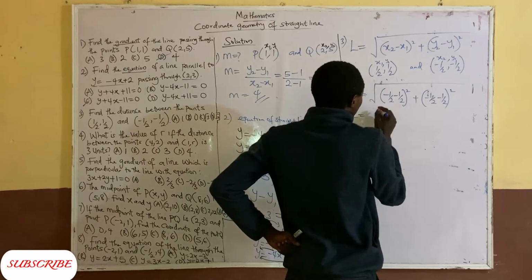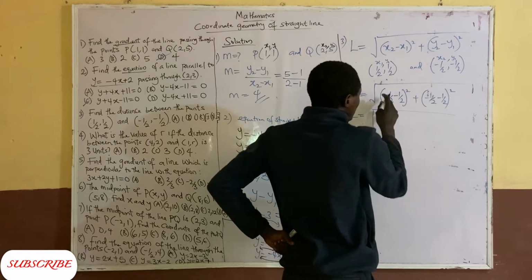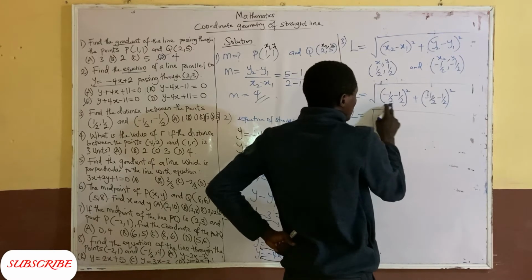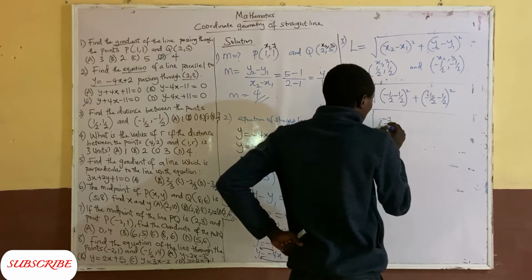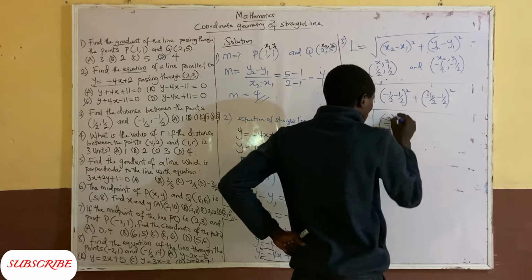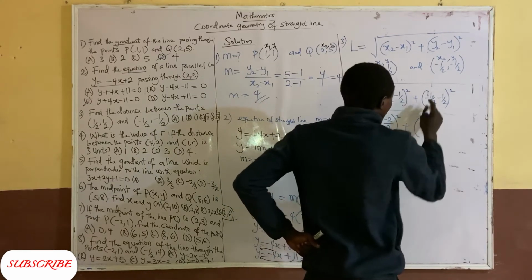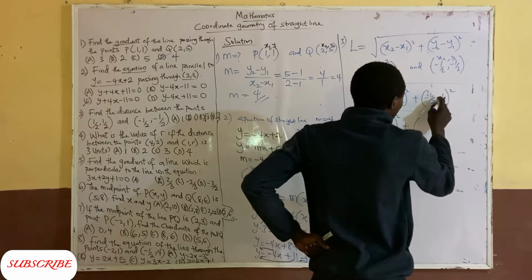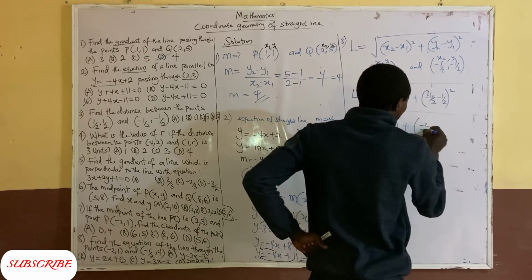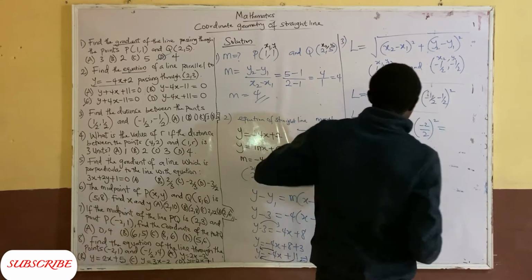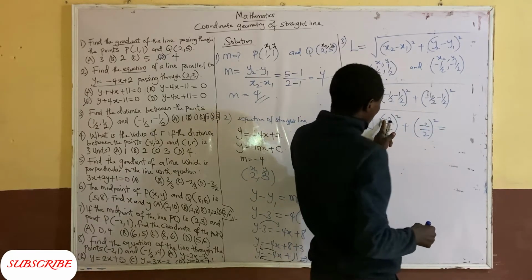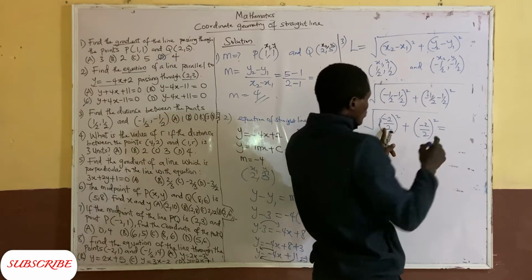the square root. Now this one has the same denominator, so you add the numerators together. So this is (minus 2 over 2) all squared plus (minus 1 minus 1, which is minus 2, over 2) all squared.